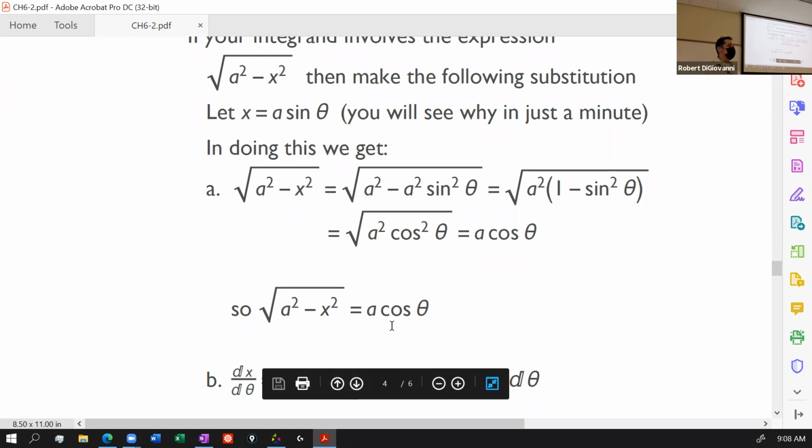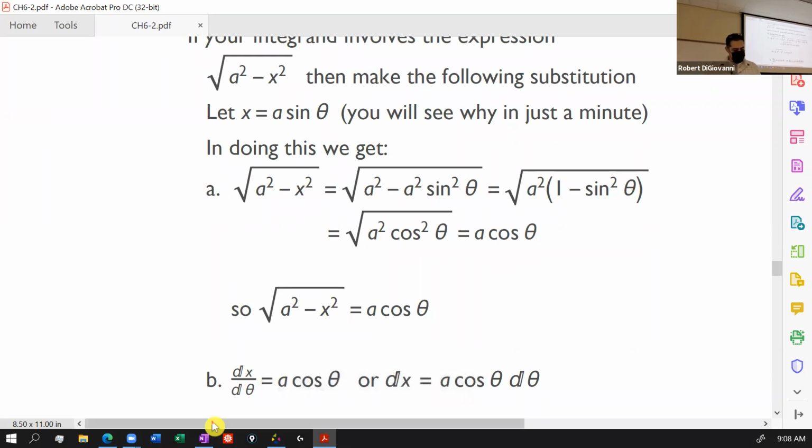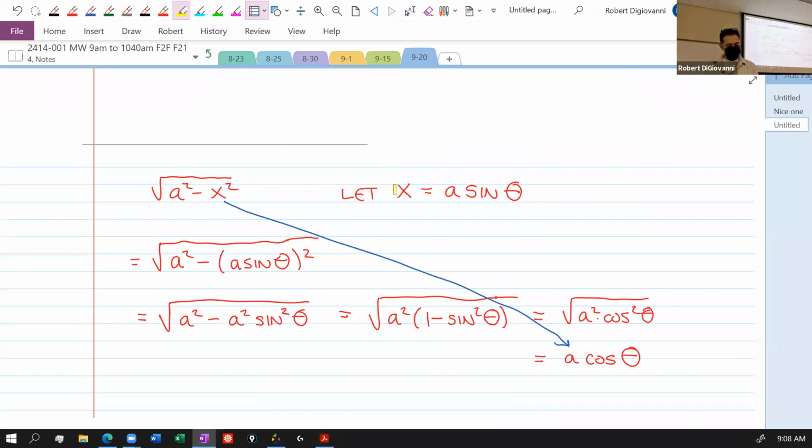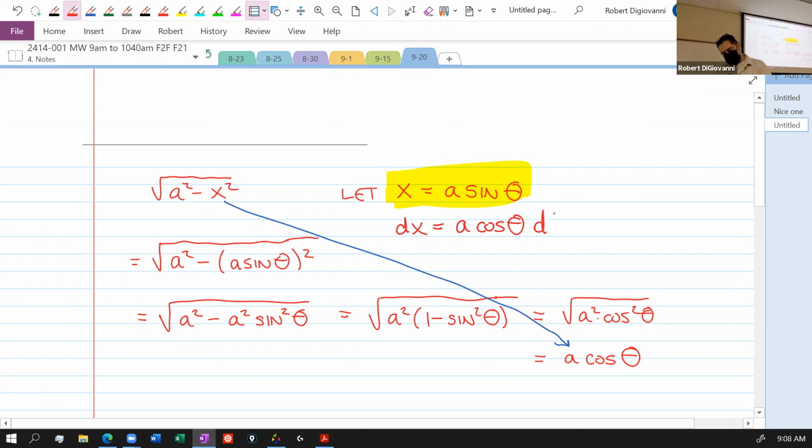Now, keep in mind also that if we make this substitution in yellow, and I take the derivative of both sides, then I'm going to get dx, the derivative on the left, is a cosine theta d theta.